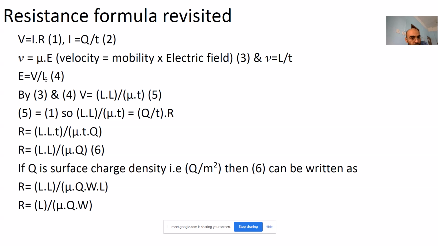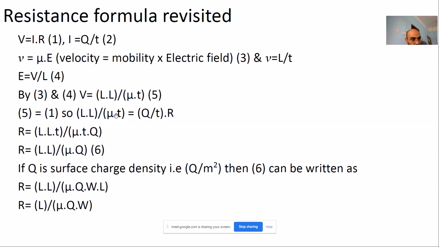I have written the voltage in terms of the velocity of the charge carriers. So if I write E is equal to V by L, and this v is equal to L by T, and write the equation in terms of voltage, then I'll get length square divided by mobility times time. So this is what I'll get.